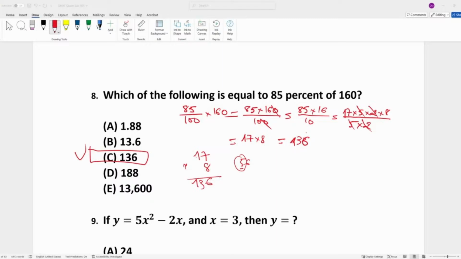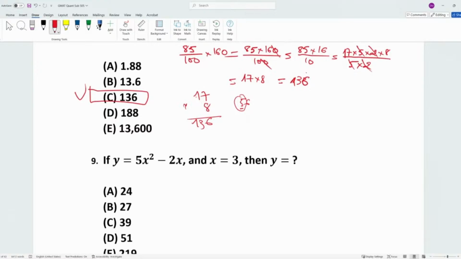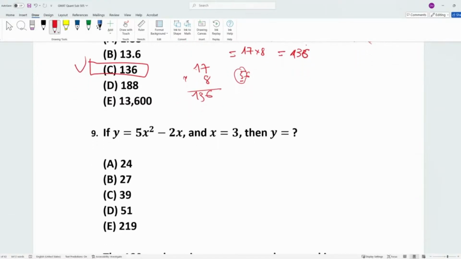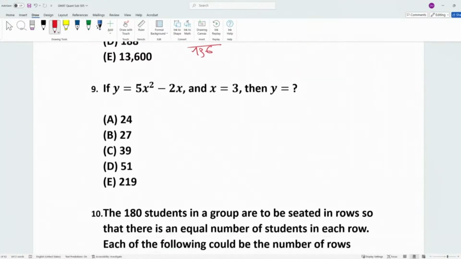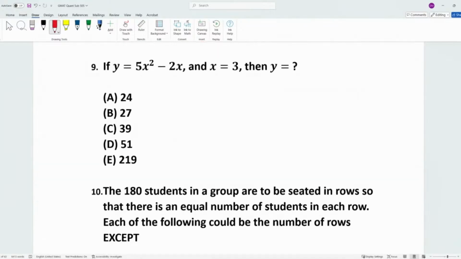As simple as that. Then we can move on to the next question, which is this one. If y is equal to 5x to the power 2 minus 2x, and x is equal to 3, then what is the value of y? Simply put, we are going to replace the value of x here by 3.